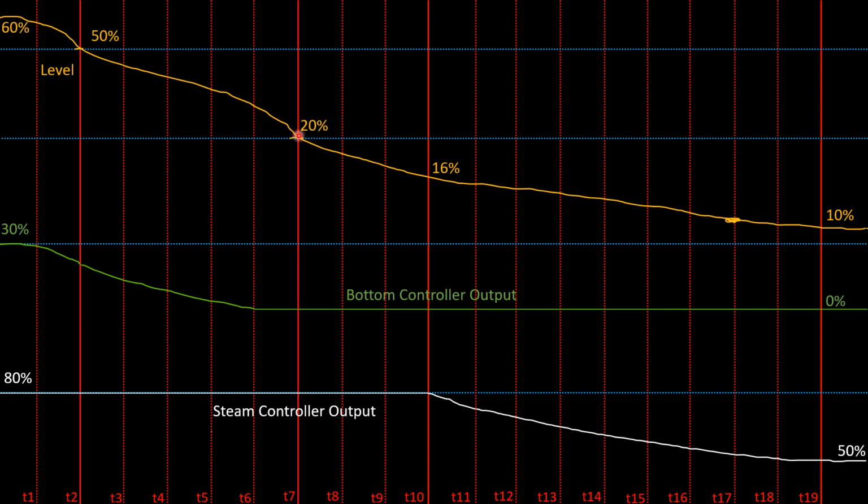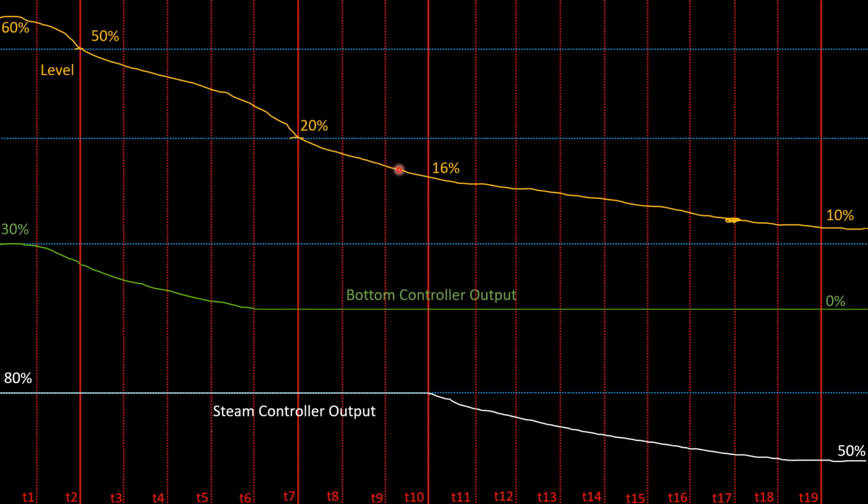And so let's say at time period 7, our level goes below 20%. Now we know our override controller, when base level is at 20%, is saying the steam controller should be 100%.